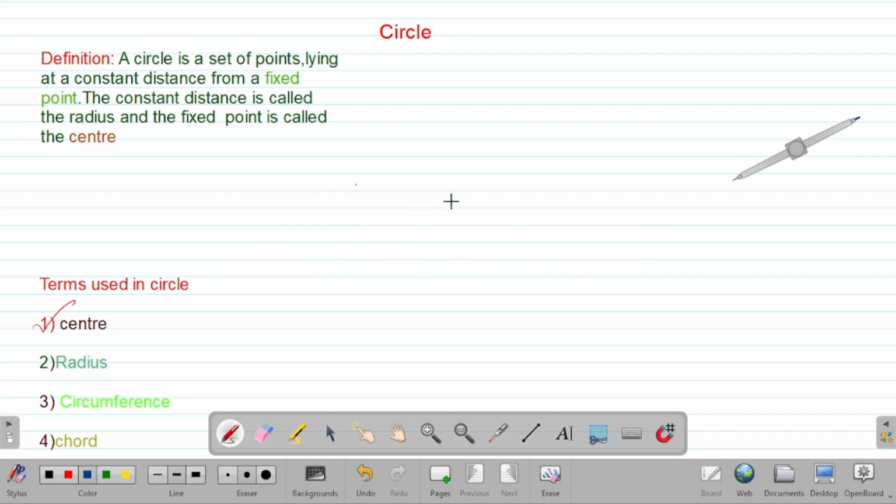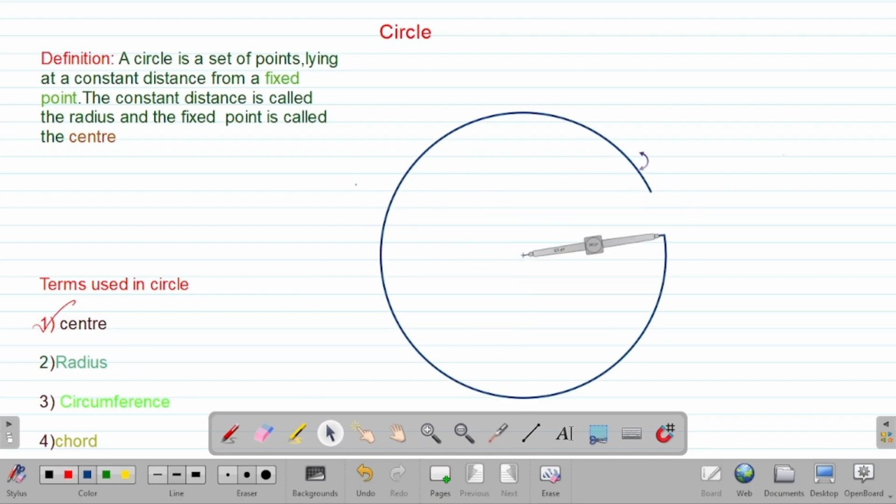Let's draw a circle with a fixed point O. Here, O is the center of the circle by definition.